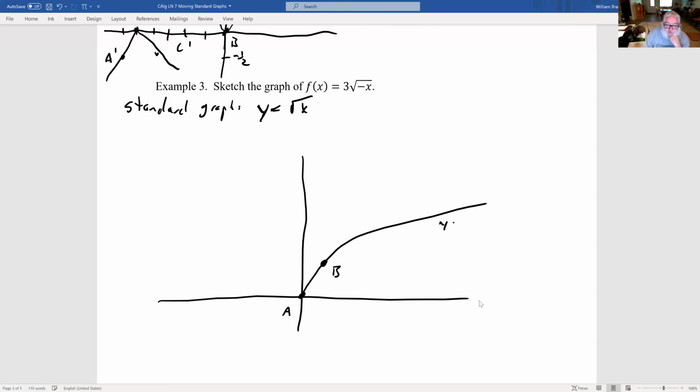So this is y equals square root of x. And we want to know, what does this graph, 3 times square root of -x, mean? Well, we've multiplied inside the square root by -1. That means flip over the y-axis. Multiply by 3 outside.